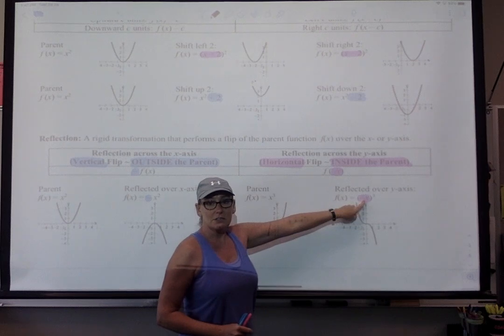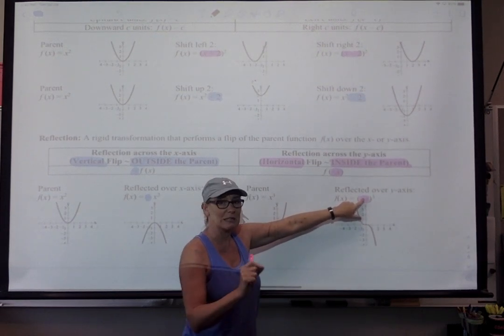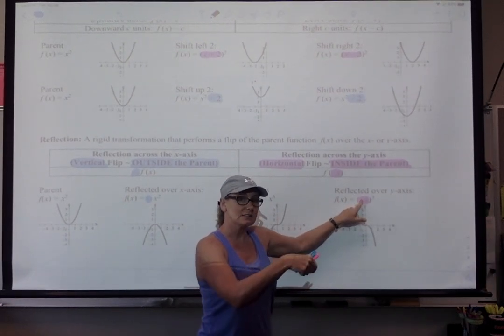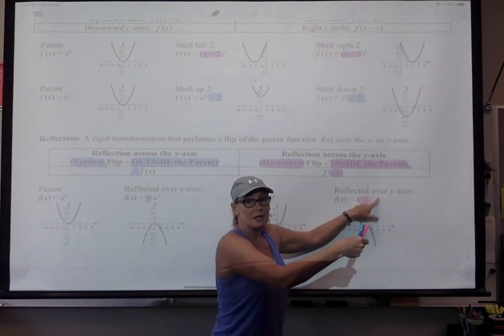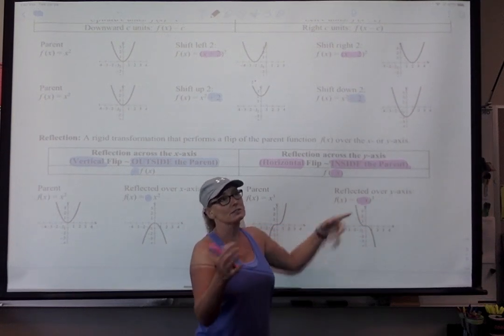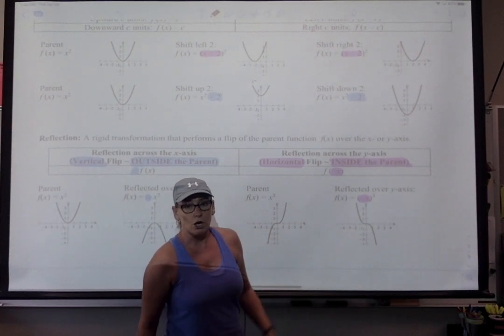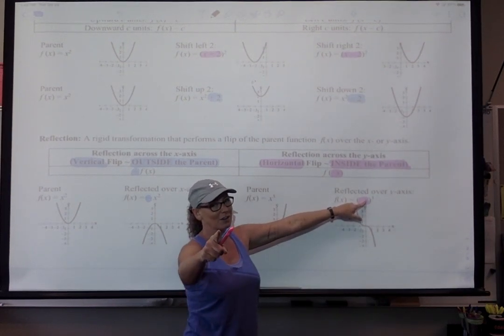This one is different. I know it's cubic, but this negative is placed differently than this one is. This negative is placed on the inside, so you do this before doing the parent function, before cubing it. So whatever x you pick, let's say you pick 4. This says, ha, you picked 4.